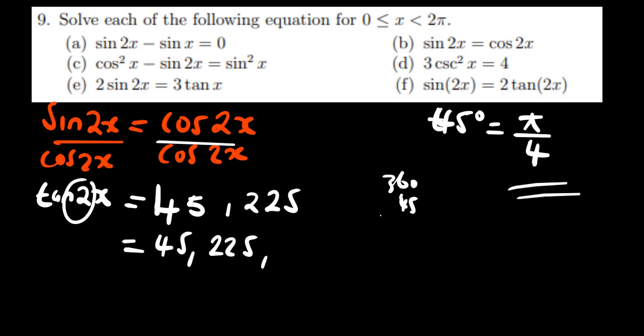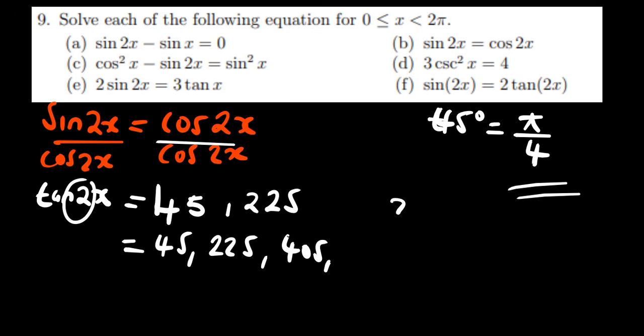So 45 plus 360 is something like 405. Okay, you're going to write these ones in radians, don't forget.